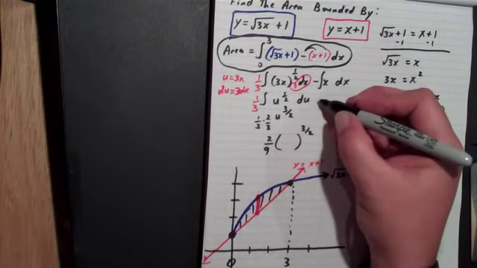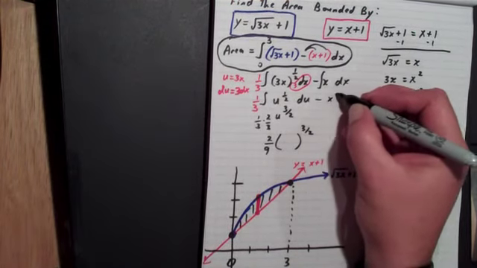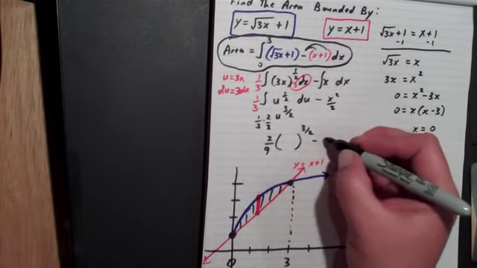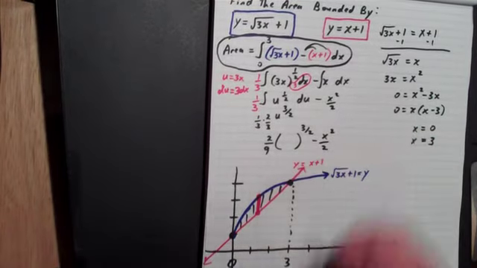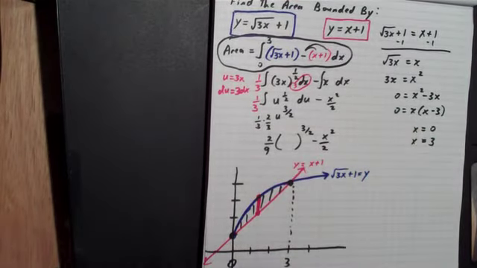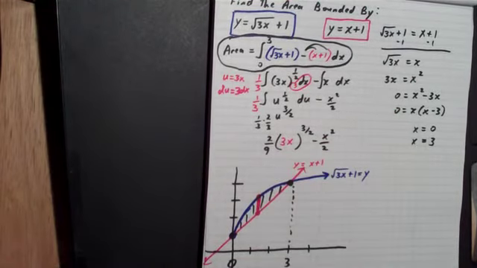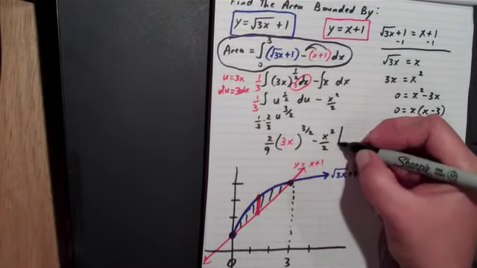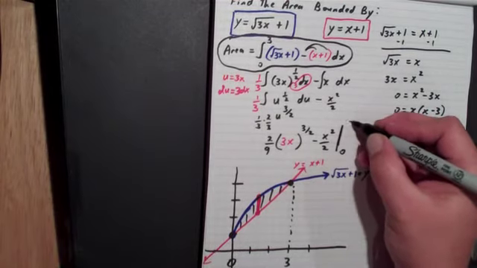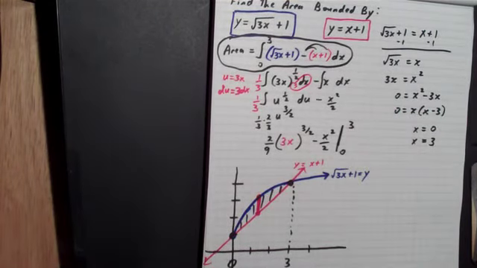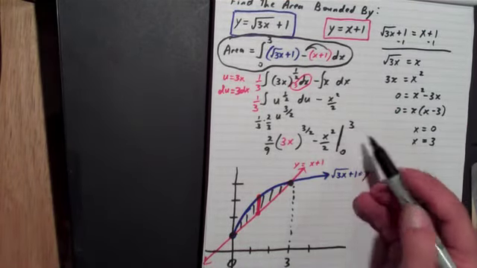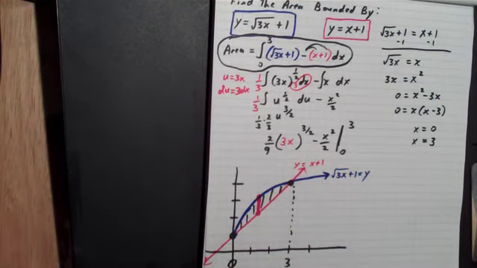The second one integrates a little easier. It's just x squared over 2. Remembering what my u was on this first one is 3x. Now to evaluate it, you plug in your upper bound minus your lower bound. So if I was to put a 3 in, I'd plug it in. 3 times 3.